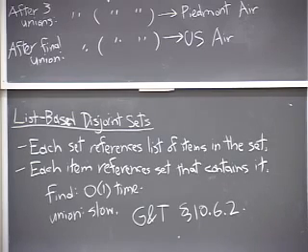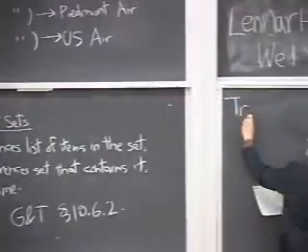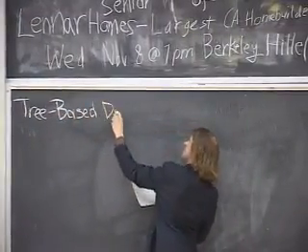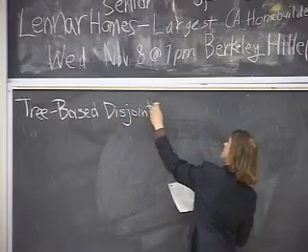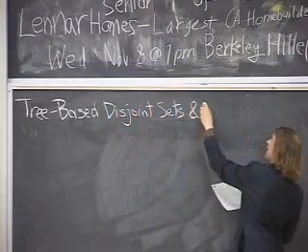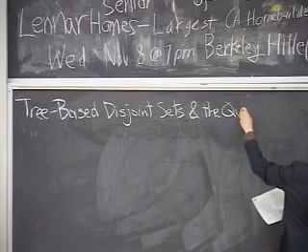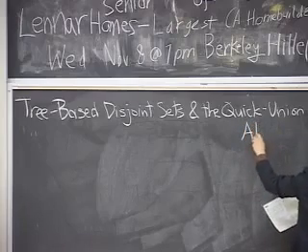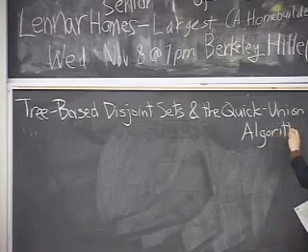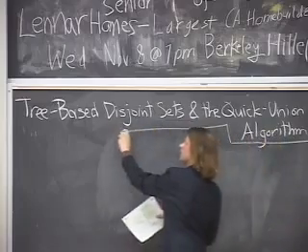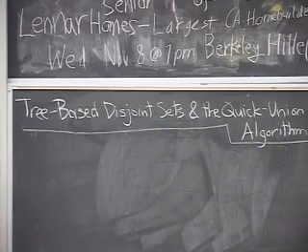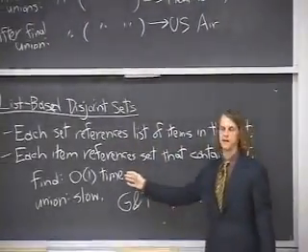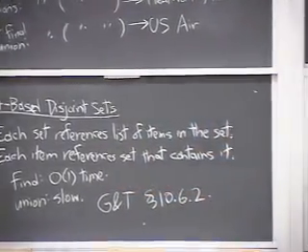All right. The faster algorithm is a somewhat less obvious data structure. These are tree-based disjoint sets. Now with the list-based disjoint sets, the algorithm that does the union find on them is sometimes called the quick find algorithm because find is fast, but union is slow.